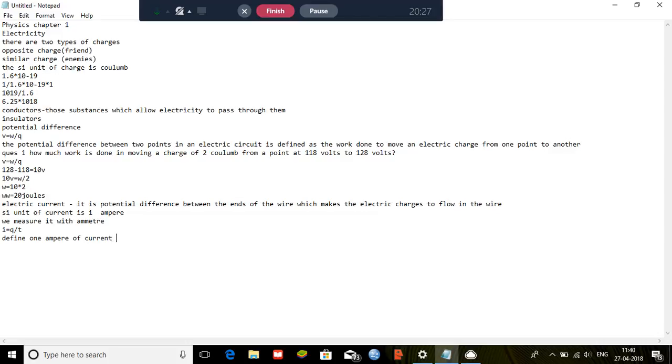We will define it as: when 1 coulomb of charge flows through any cross section of a conductor in 1 minute, the electric current flowing through it is said to be 1 ampere.